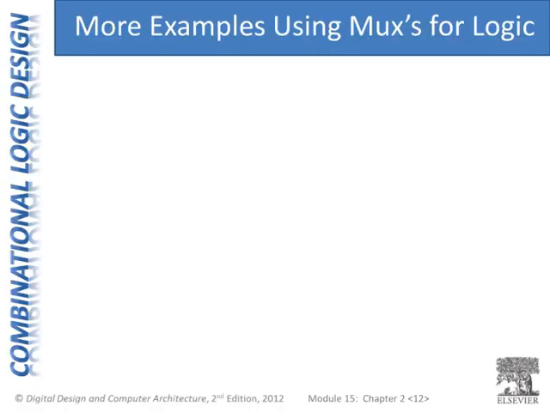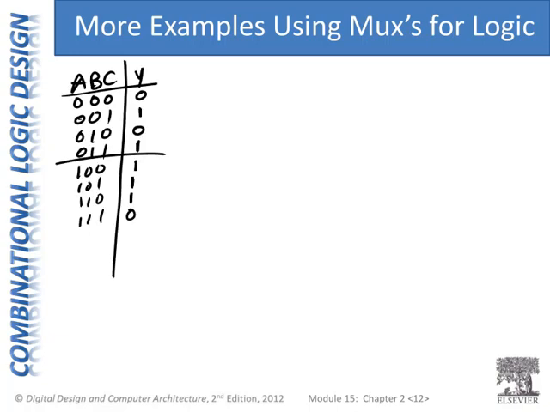So let me show some more examples for using multiplexers to implement logic functions. So let's say we have some function. The easiest way to do this is to implement it with a multiplexer that has 3 inputs on the select line, A, B, and C, select line 2, select line 1, and select line 0.